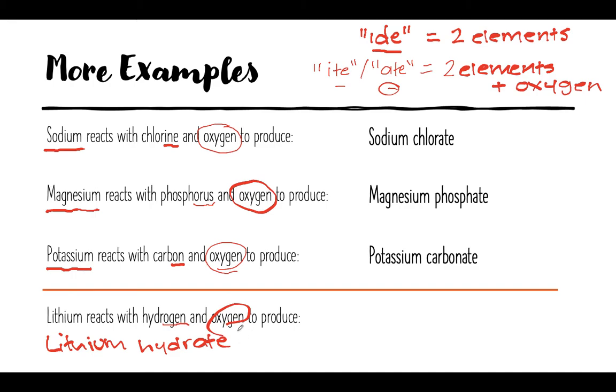However, when hydrogen and oxygen are present together in a compound with a metal, in a 3-element compound, the ending is slightly different.